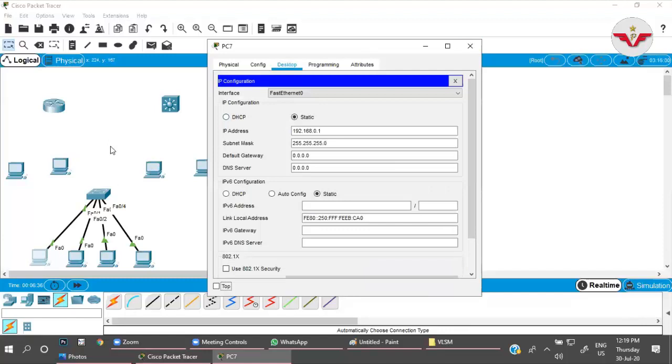That is what I'm trying to explain: if you are connecting 10 PCs in a network where you are not going to communicate with another network, then a router is not required. You don't need to give anything in the default gateway. Only the IP address and the subnet mask will work.